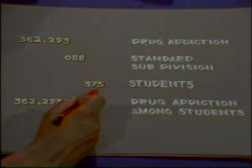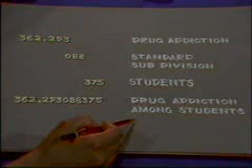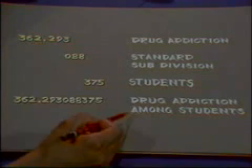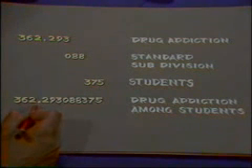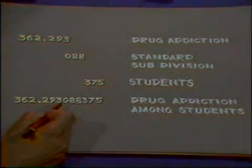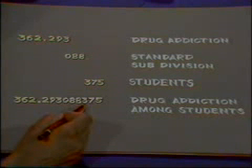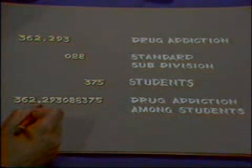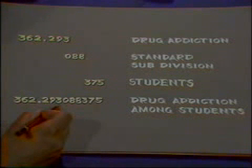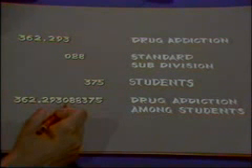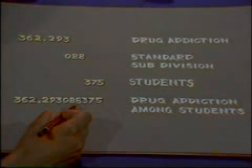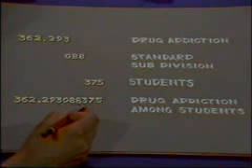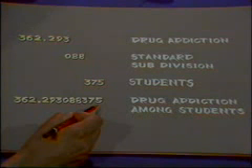So, adding all this number, the complete number for the document, Drug Addiction Among Students, is 362.293088375, where 362.293 stands for drug addiction, 088 is the standard subdivision, and 375 is students.